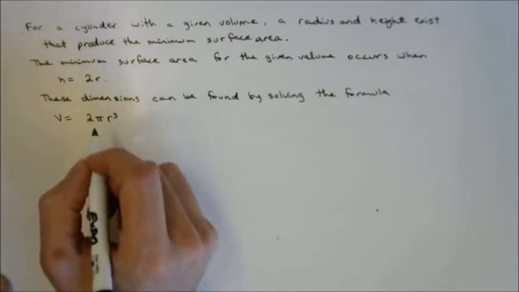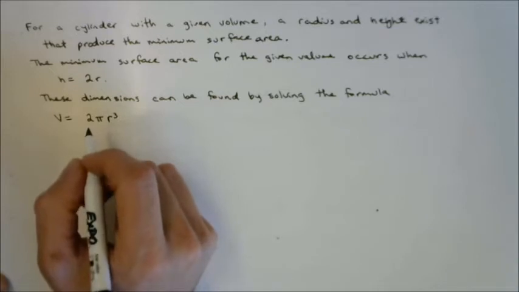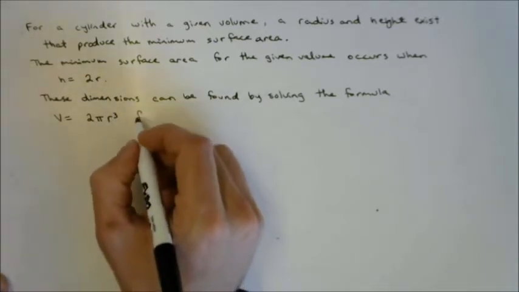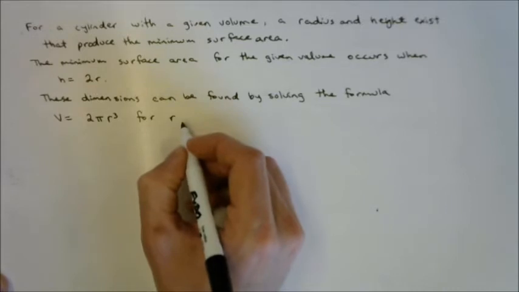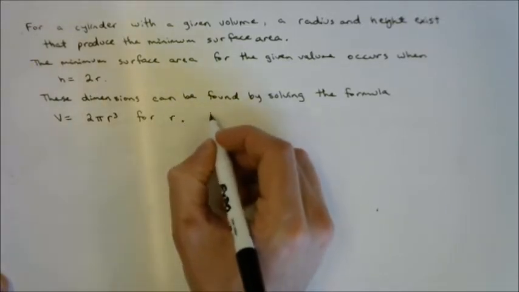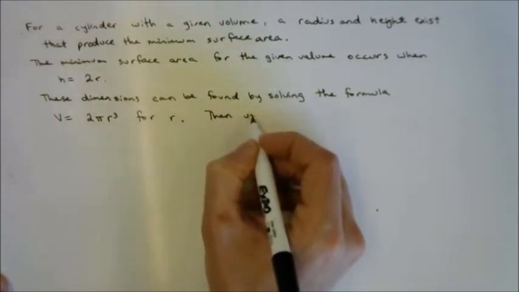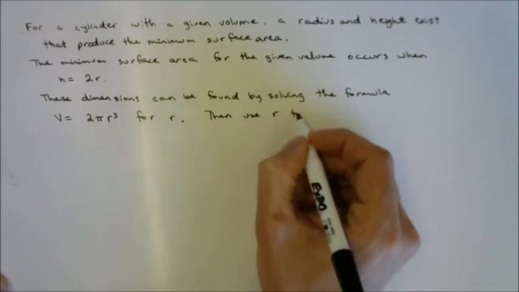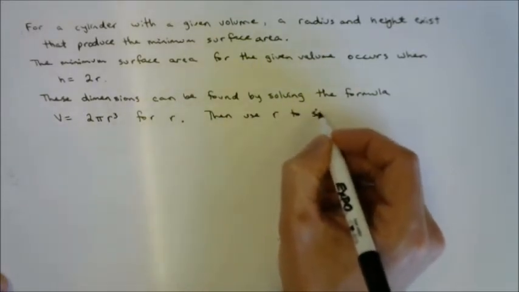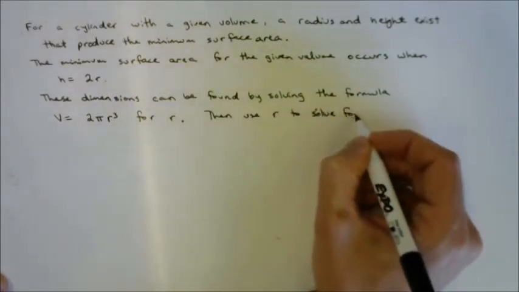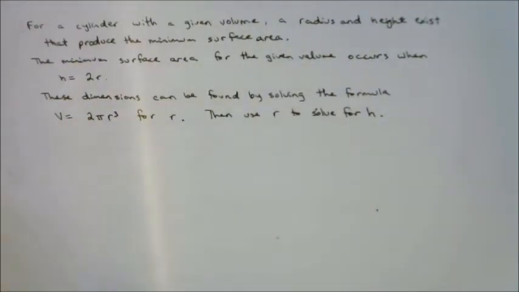This is the volume of a cylinder. Solve for R. Then use R to solve for H. Please ask questions about that if you have any right now.